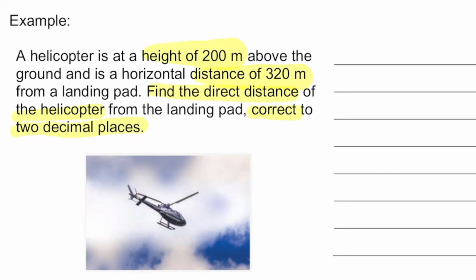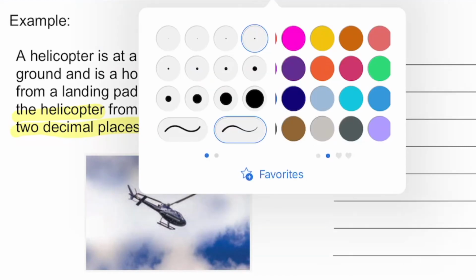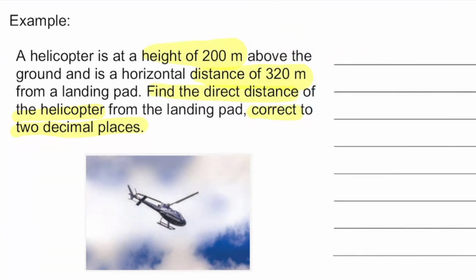Now the next thing I am going to do is draw a diagram. Okay, so I'm just going to start. I'm going to pop some space up here. I need my helicopter, so I'm just going to draw a really badly drawn helicopter. There's my badly drawn helicopter, as you can see.